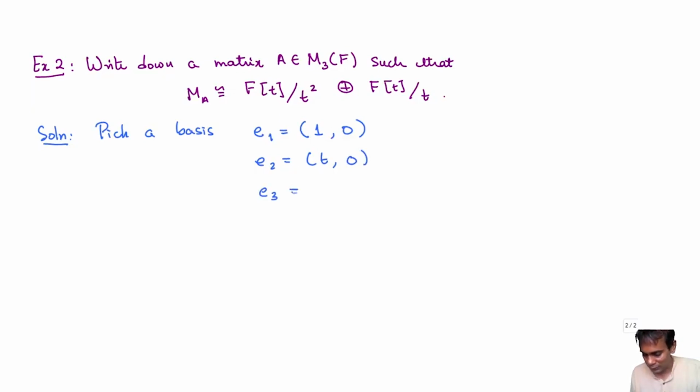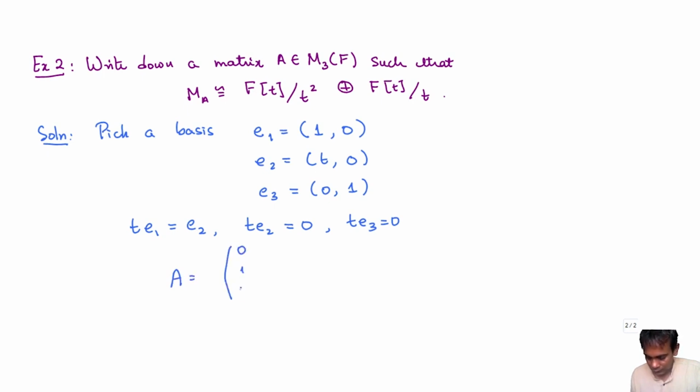That's two-dimensional, and for the second summand I'll just take (0, 1). Then let's figure out how t acts on these basis vectors. Then t e1 is e2, t e2, well, it's t squared, so that's 0, and t e3 is also 0. So the matrix A is just going to be 0 1 0, 0 0 0, 0 0 0. That's it.